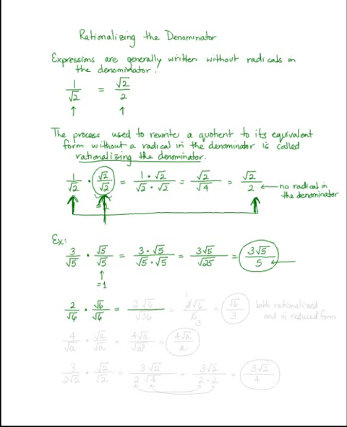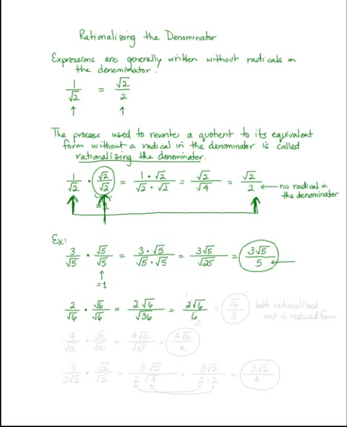Here we go. 2 times the square root of 6 is 2 square roots of 6. In our denominator, the square root of 6 times the square root of 6 is the square root of 36. But our denominator now simplifies to be 6. Our numerator, 2 square roots of 6.